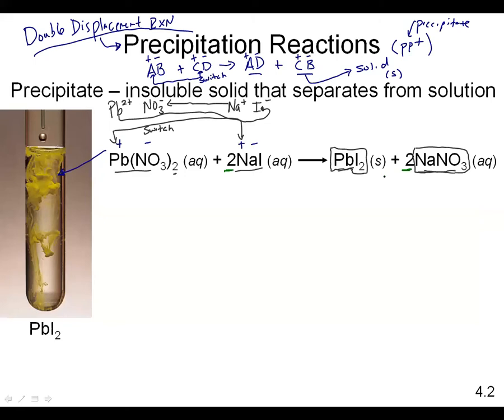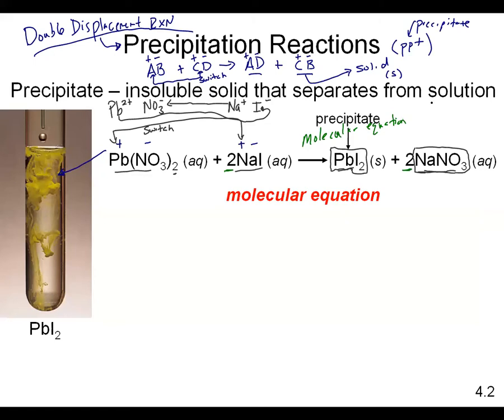Now, when we do see this equation written here, this is a certain type of equation which is known as the molecular equation. The molecular equation is an equation where we write everything out in terms of their whole formulas, everything together.